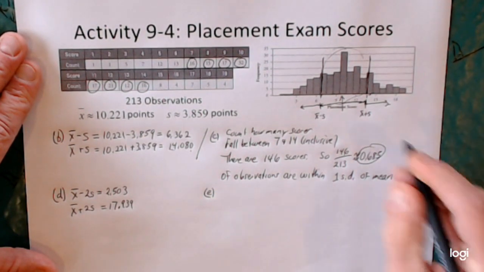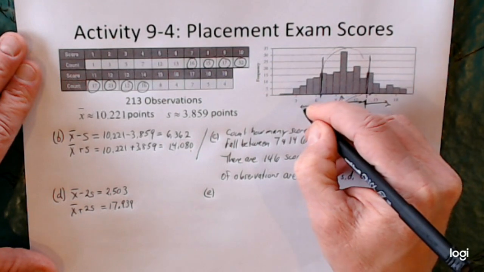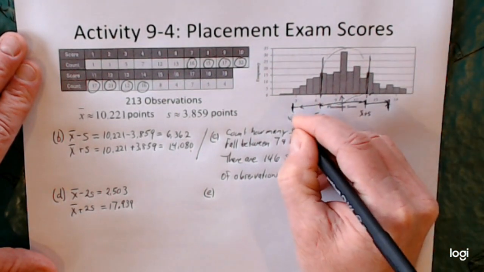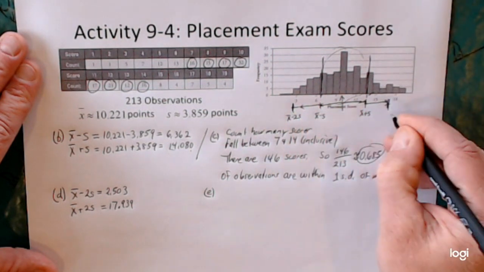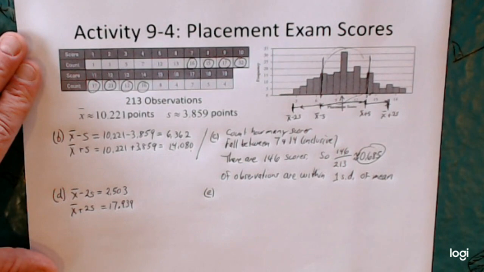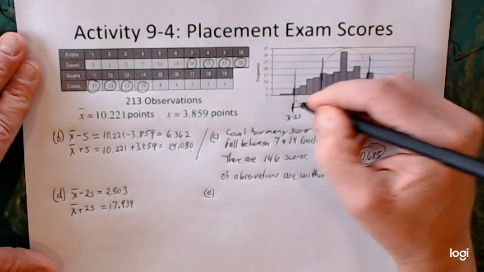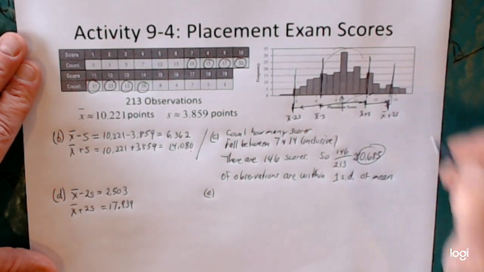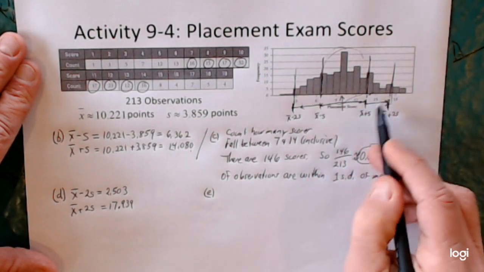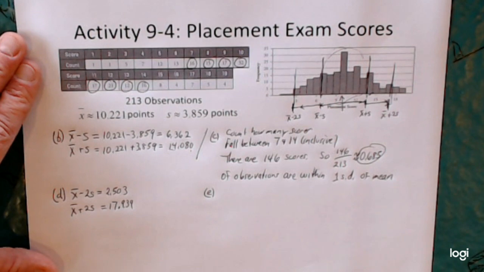Okay? So those are our limits. X bar minus 2 standard deviations and X bar plus 2 standard deviations. And now you can see that almost all of our observations are between those bounds, right?